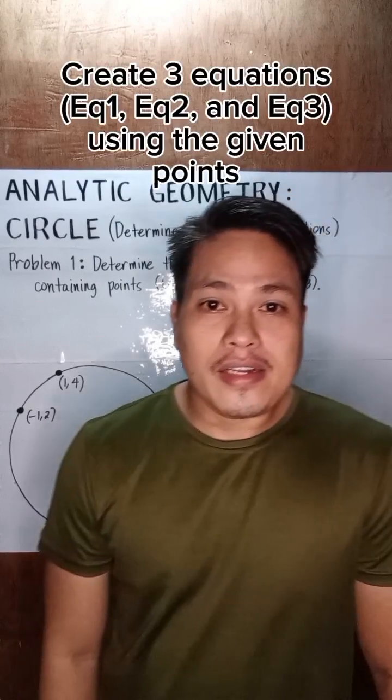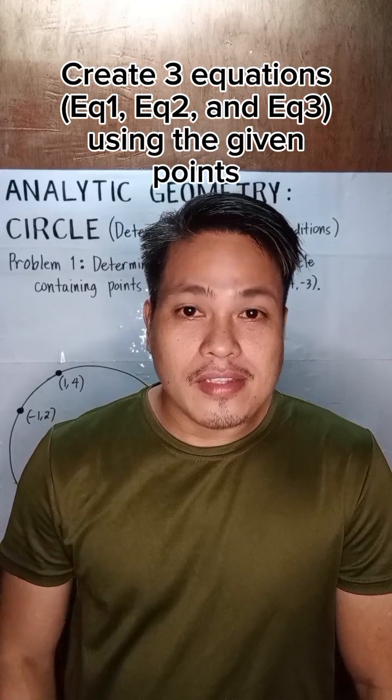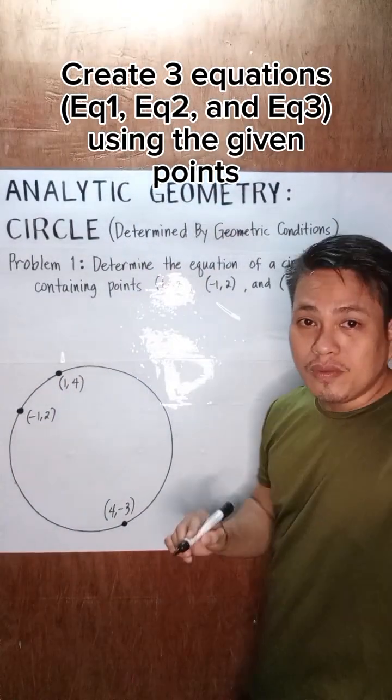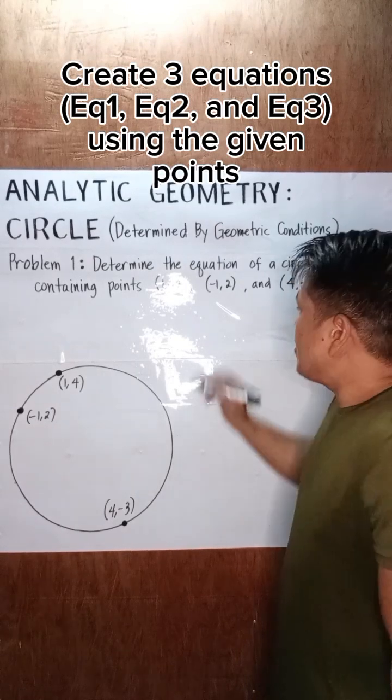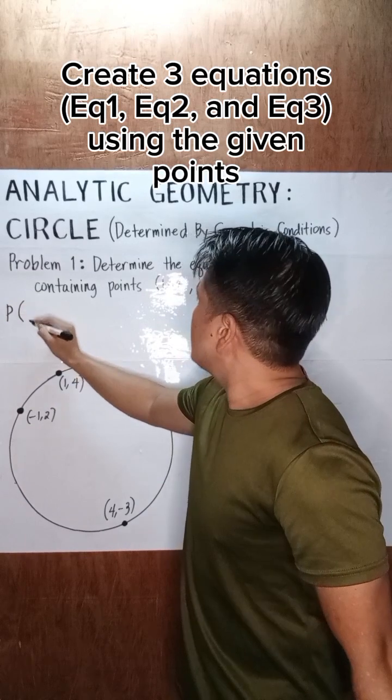Una, mag-create muna tayo ng tatlong equation sa pamamagitan ng tatlong points. Yung unang point natin, i-denote natin as P. Let's say, P is (1, 4).